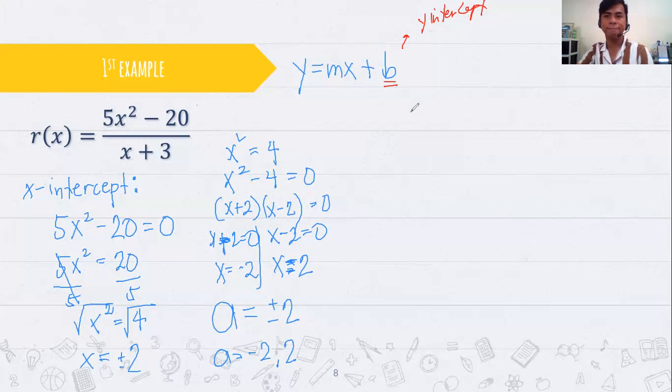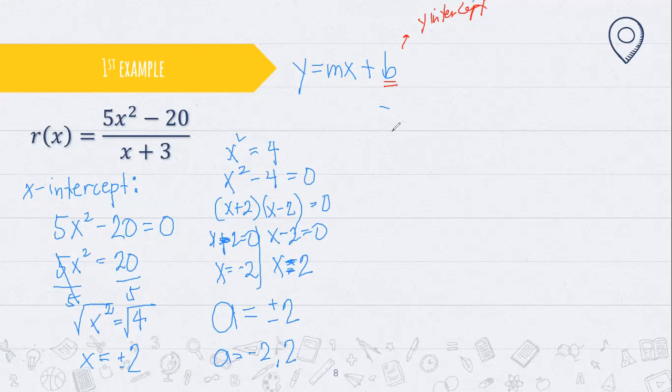Question po. Sir, yung y is equals to mx plus b, applicable po siya sa lahat ng terms na pwedeng maging example dito sa lesson na to? Ay, okay. Yung y is equal to mx plus b, ginamit ko lang siyang example para makuha natin yung symbol or the letter that would represent our x-intercept. So, di ba sa y-intercept, ginagamit nating letter is letter B?